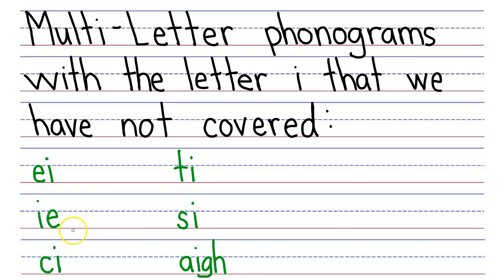And so these words with these phonograms might still be confusing to you, but not to worry. We will cover these phonograms eventually, and soon enough you'll be reading every word. I'm so excited for you.